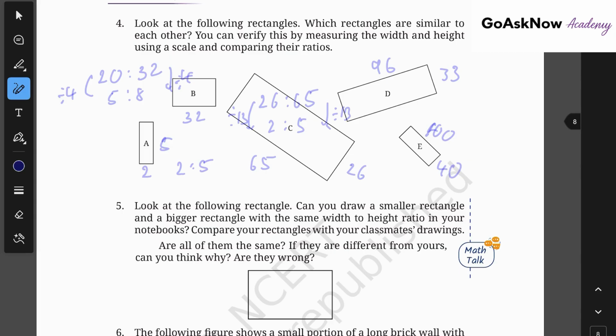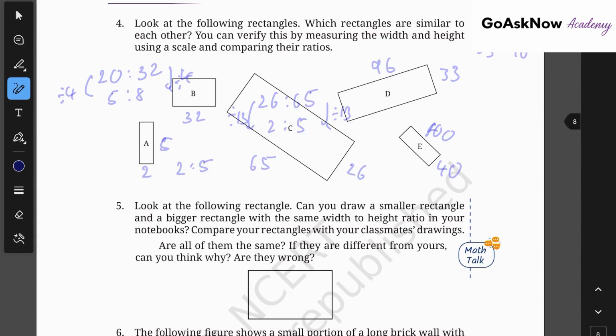Now for rectangle D, the ratio is 96:33. I mean, it is 33:96 since we're doing height to width.